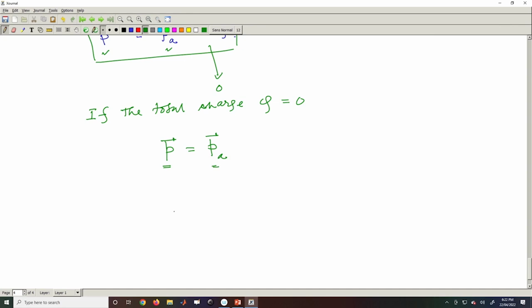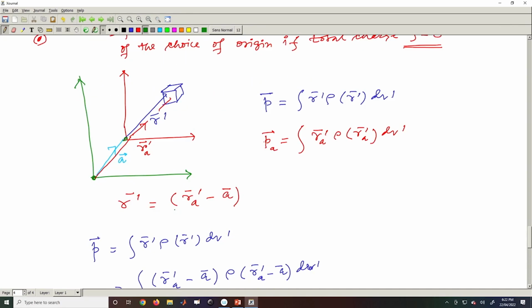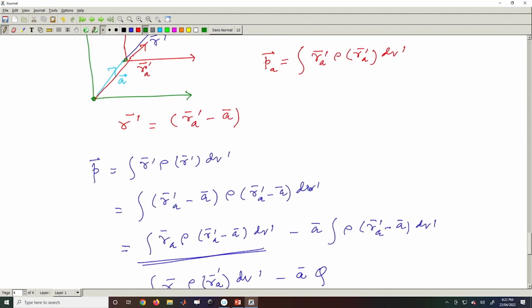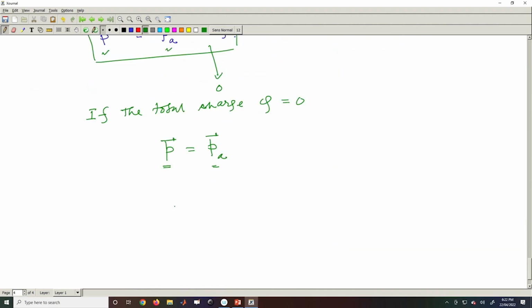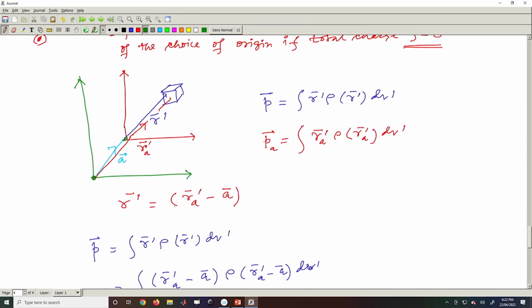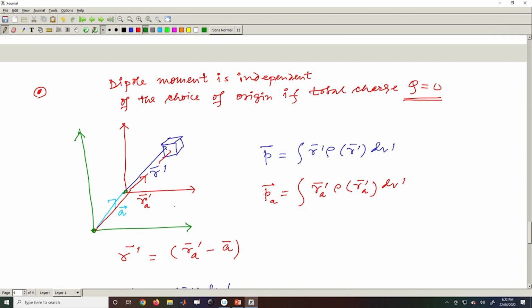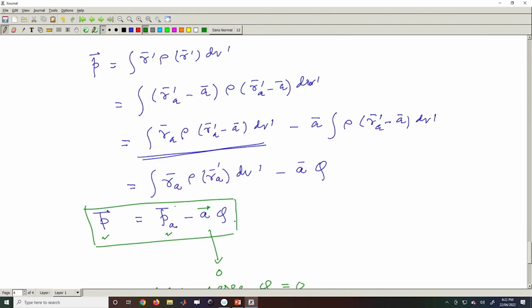So, we can say that under the condition that the total charge is 0, the dipole moment is a conserved quantity. Dipole moment will depend on the coordinate system only if the total charge is non-zero. If the total charge is 0, then it is independent of the choice of the coordinate system.